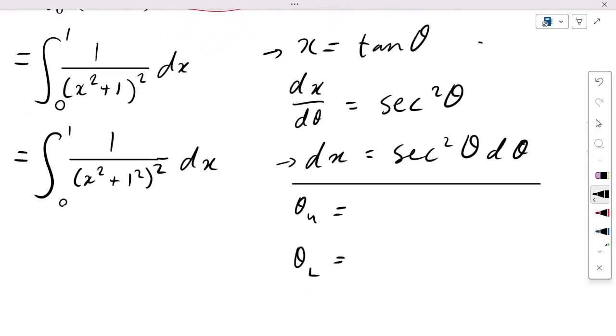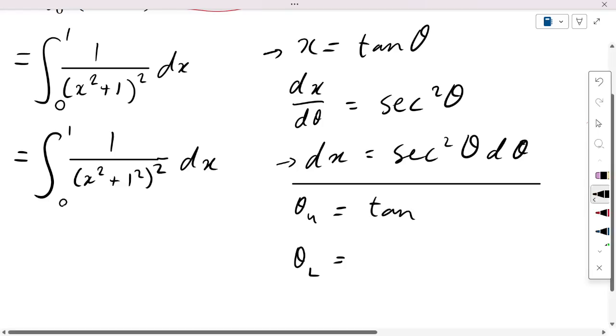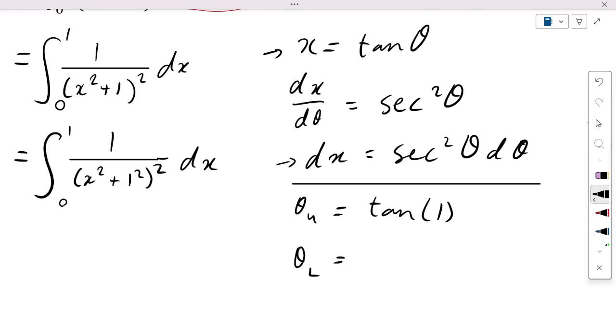We're using reference to x is equal to tan theta. Remember, that's the change we have. So we're going to have tan of 1, which is the upper limit of theta, and then for the lower limit, we have tan of 0 over here.